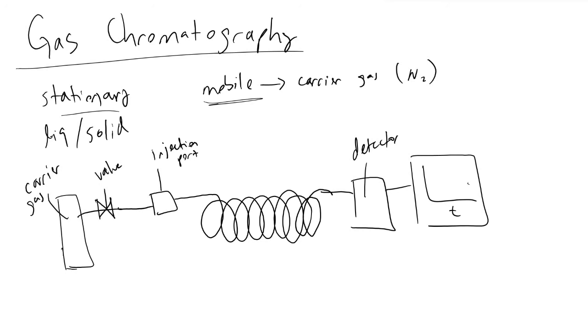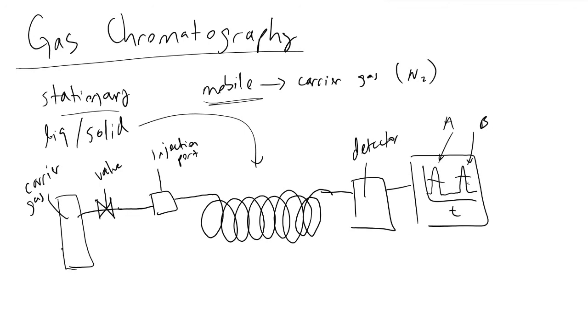And so what we'll get is some kind of peak that will spike and then spike at a later time. And in this case, because we knew beforehand what molecules we're looking for, we would know molecule A and molecule B emerged. And within these coils in your chromatographer machine is where our stationary phase will be located.